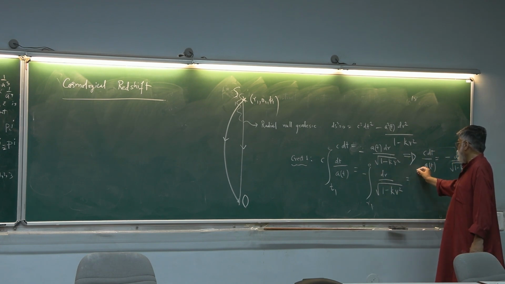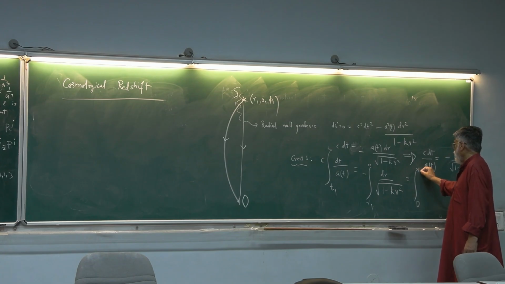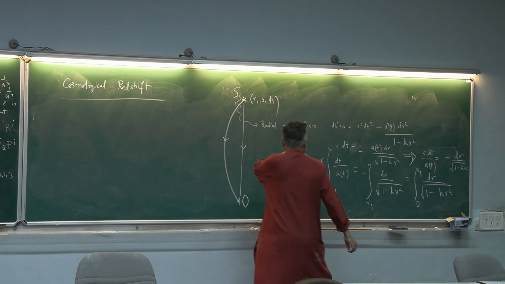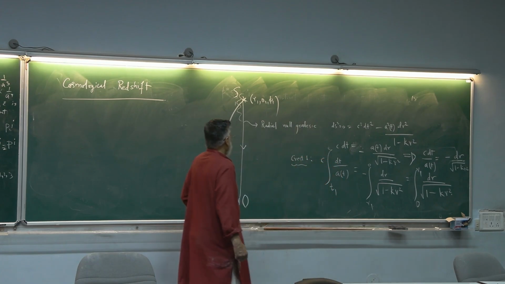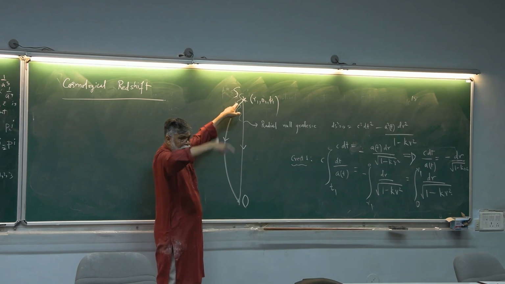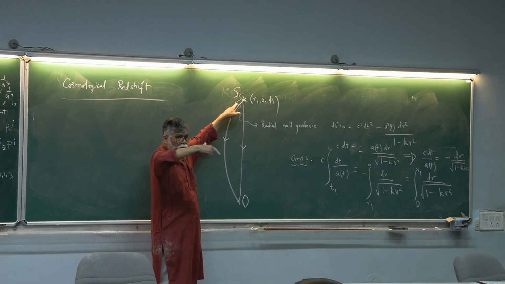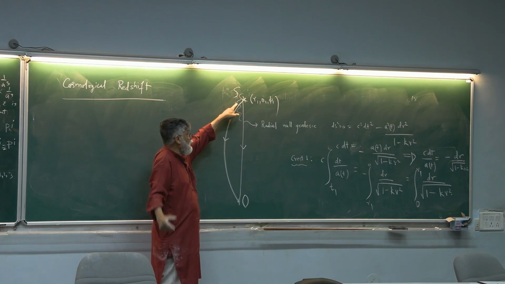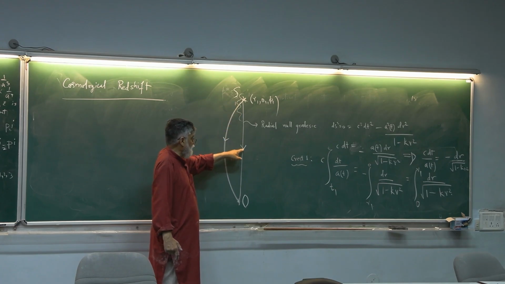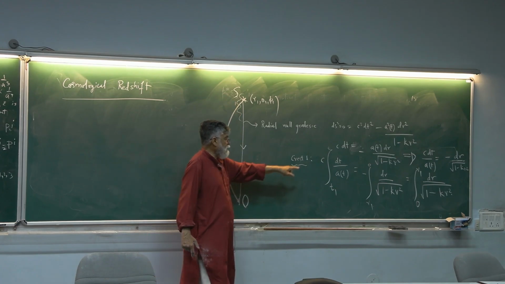Minus r1 to 0 is the same as plus 0 to r1 dr by square root of 1 minus kr squared. So, I am talking about this crest 1 of an electromagnetic wave, a monochromatic wave. The first crest started at time t1, it travelled along and reached me at time t0.